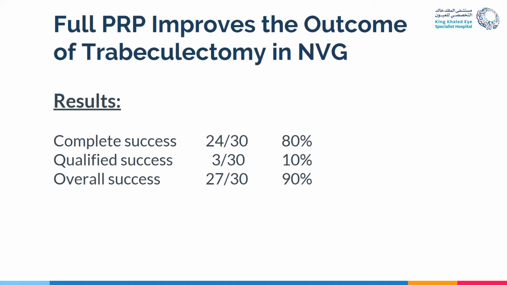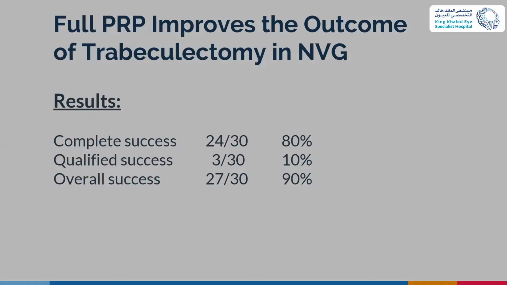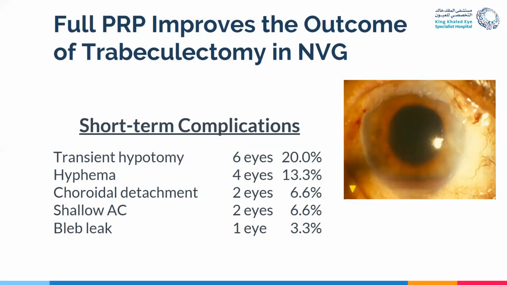And yesterday we operated on one case of neovascular glaucoma. We removed his cataract. I remember his functioning bleb is very beautiful, controlled. Probably the surgery was done 6 or 7 years ago. The short-term complications are as usual with ordinary surgery: transient hypotony, hyphema.